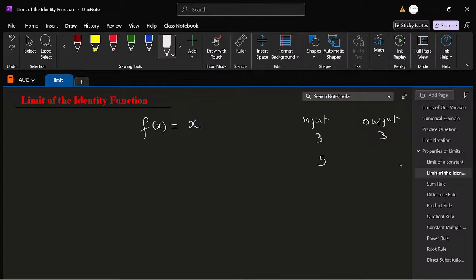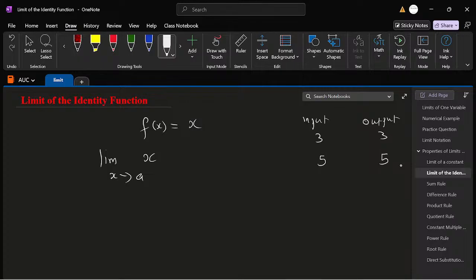If the input is 5, the output will also be 5, okay? So that is an identity, okay? So if this is the case, we can write the limit as x approaches a of f of x, which now is the identity, x, okay?